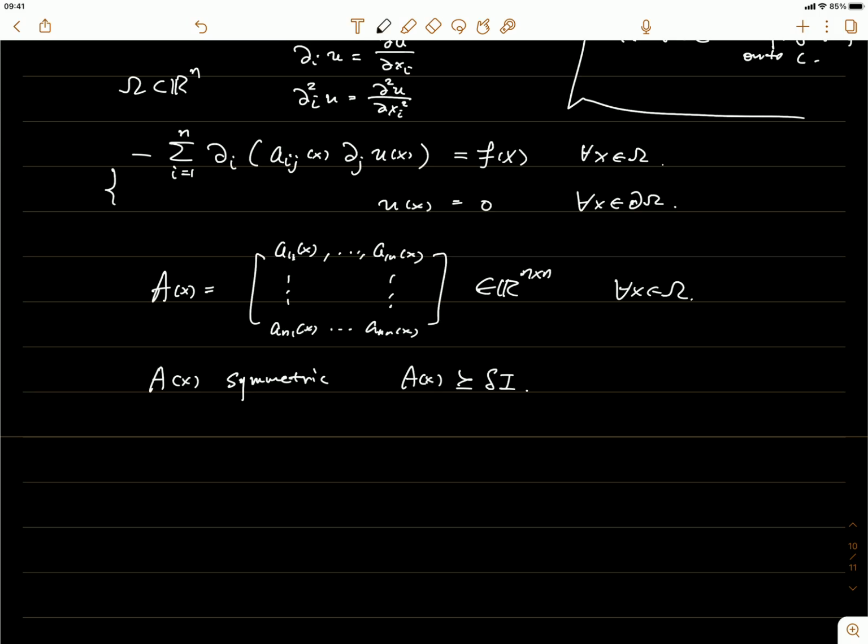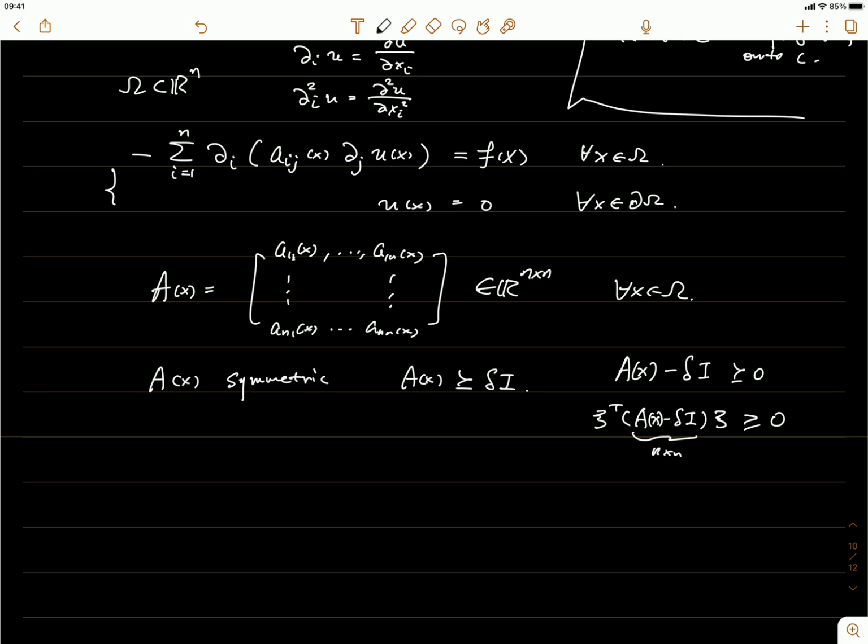This notation means that if you treat, for every fixed x, a(x) as a matrix, then this is a non-negative definite matrix, meaning that you multiply any n-dimensional vector c on both sides of this matrix, because this is an n by n matrix, then the result should be some number greater than or equal to 0.